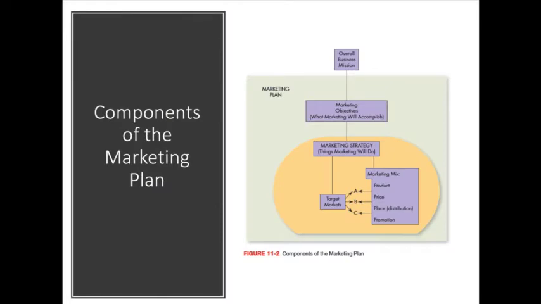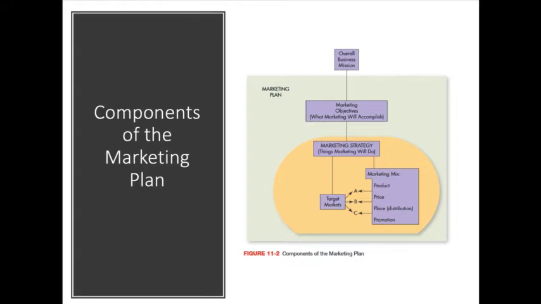So exactly what are the components of the marketing plan? Well, you can see here from this diagram taken from the textbook, the marketing plan should flow naturally from the overall business mission and will then begin to take form with the marketing objectives which are established by management. In other words, what marketing will actually seek to accomplish.